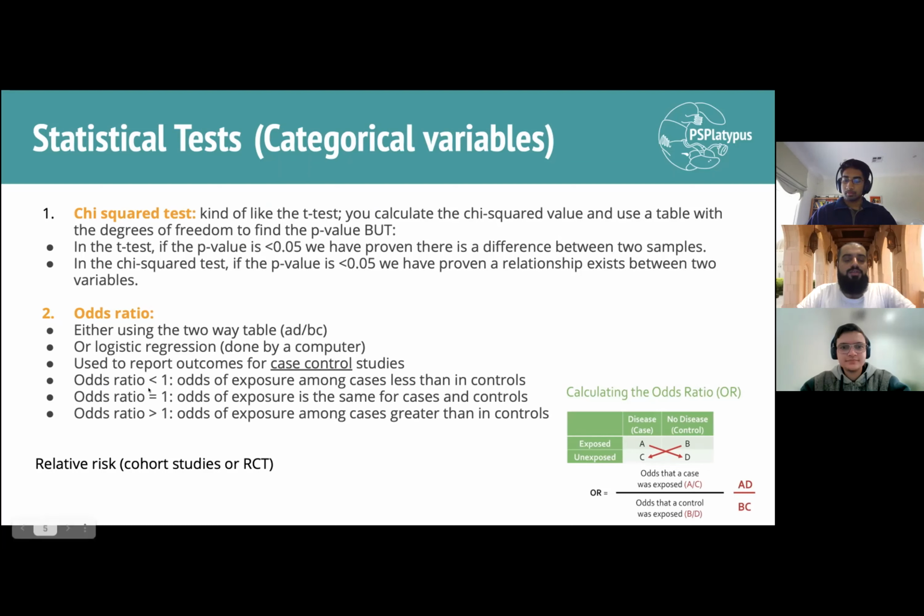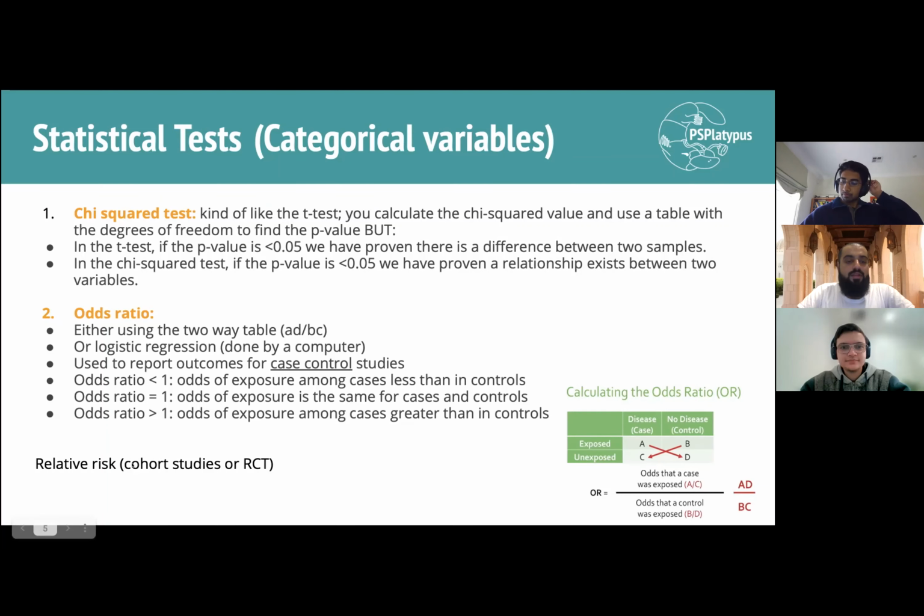If the odds ratio is less than 1, then that means that the odds of exposure among cases is less than in controls. If it's higher than 1, the exposure among cases is greater than in controls. And if it equals 1, the exposure is the same for cases and for controls.